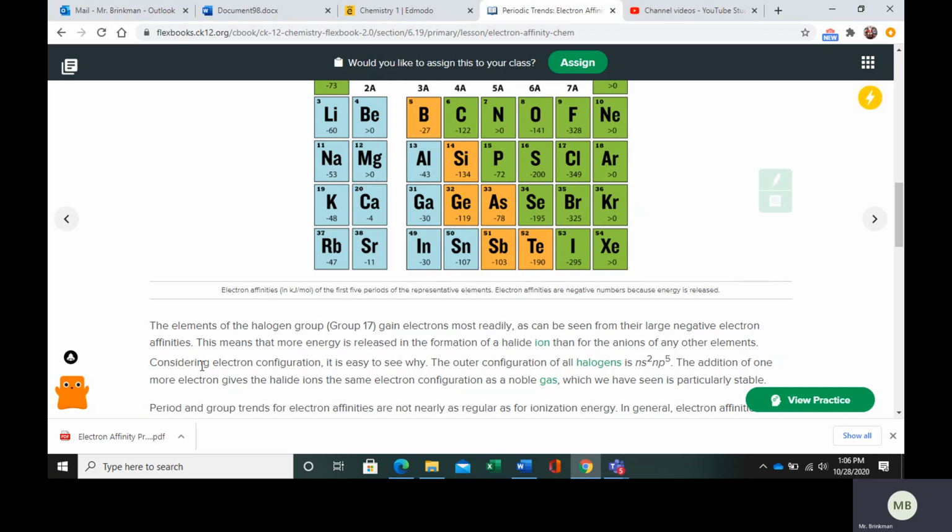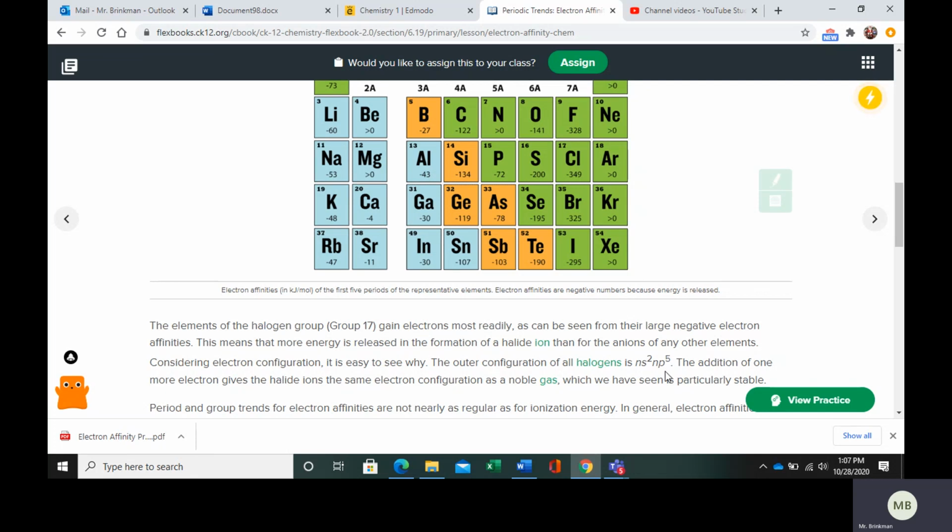Okay. If we see the electron configuration, we can see why this is. The outer configuration of all halogens is going to be ns2 np5. We want to get a stable atom, we want to get 8 valence electrons. This one has 2 and 5, so it has 7.